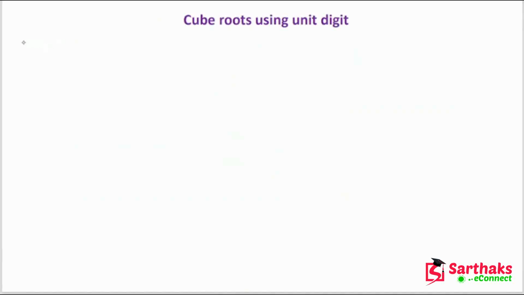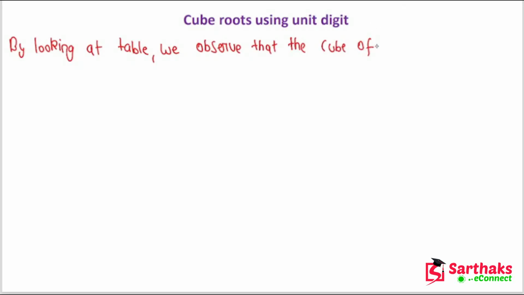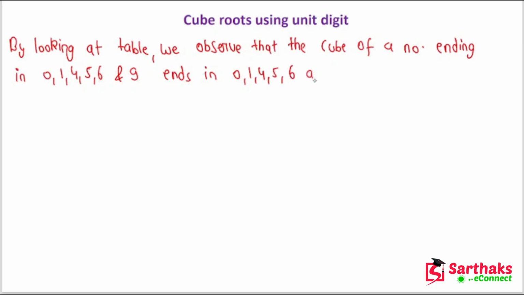So we can say, by looking at the table, we observe that the cube of a number ending in 0, 1, 4, 5, 6 and 9 ends in 0, 1, 4, 5, 6 and 9 respectively.